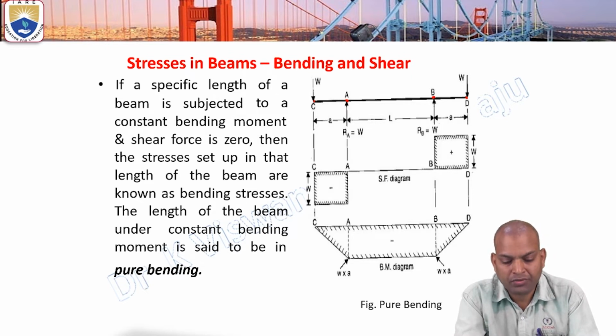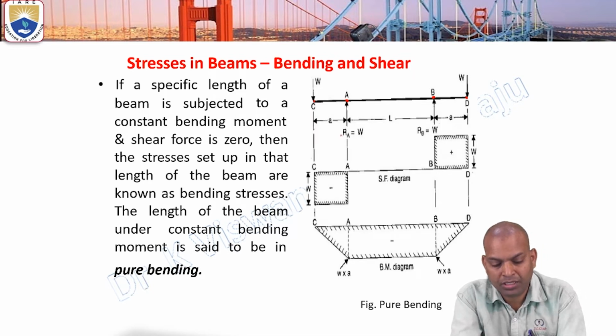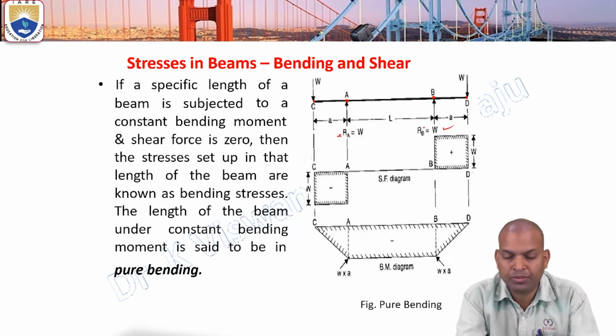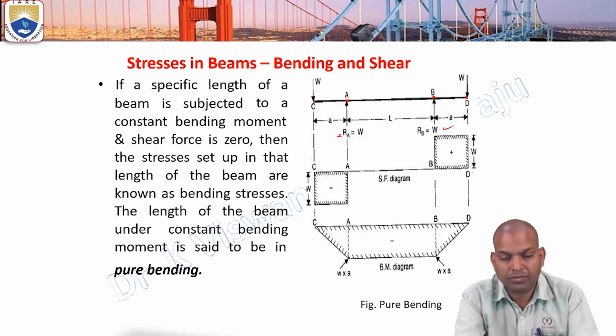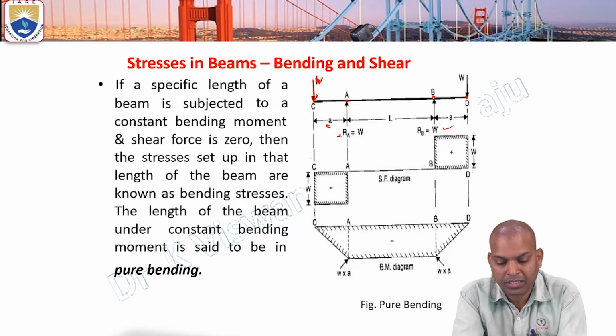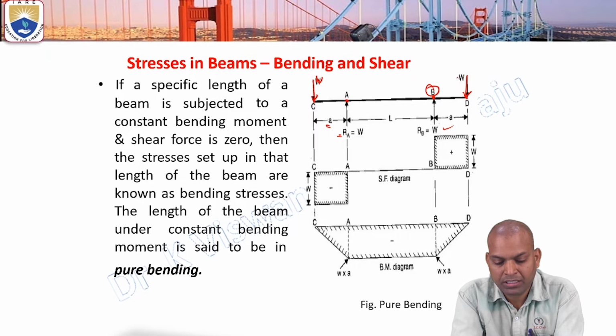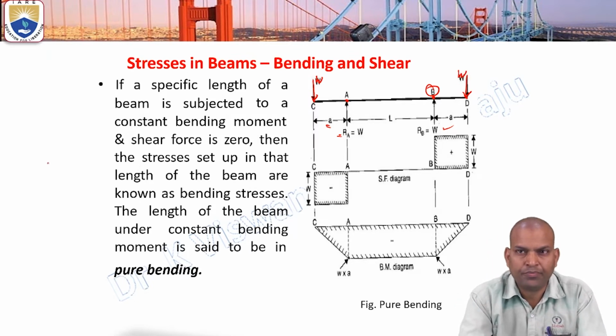They are equal to the weight acting vertically downwards, so RA equals W and RB equals W. The load W acts at a distance a from the left support A, and similarly the load W acts at a distance a from the right support B.